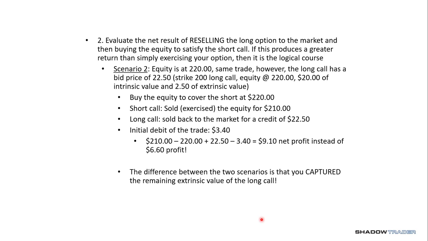So you buy the equity to cover at $2.20. You get exercised on your $2.10 short. You sell your 200 call back to the market at $22.50. With an initial debit of $3.40, that gets you $9 of profit instead of the $6.60.